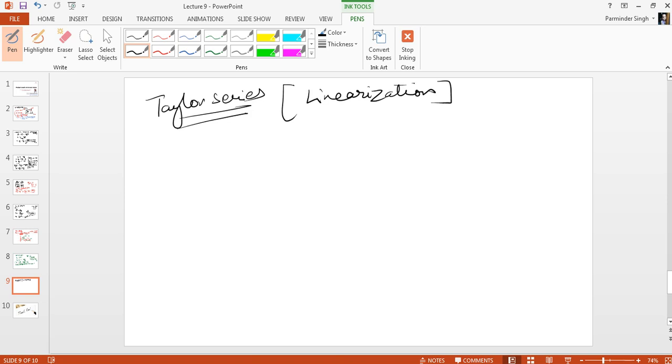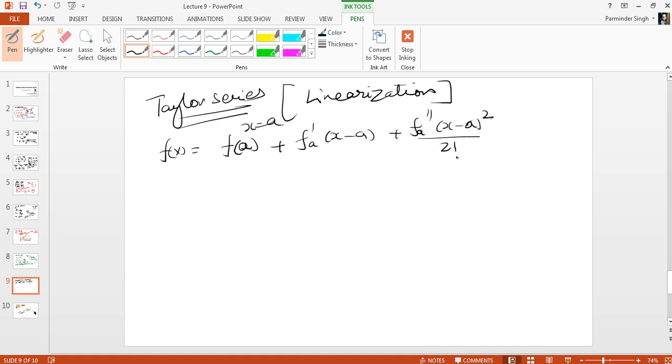Now what does Taylor series say? Suppose you have a function which can be written as f at a, that is x equal to a, plus f dash a into x minus a, plus f double dash a into x minus a whole square by 2 factorial, and so on.